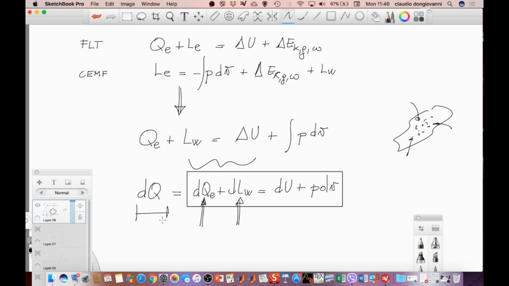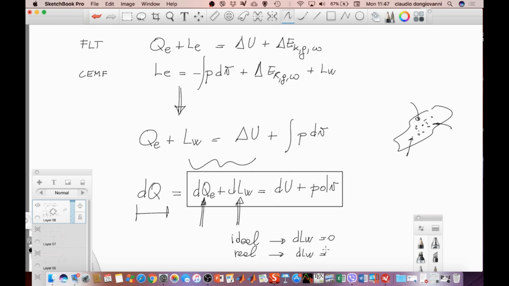This is a very, very useful relationship. Thanks to this relationship, we are able to perform our calculation in the ideal case. What does ideal mean? No L, no LW. And the real case, where the LW is different than zero.